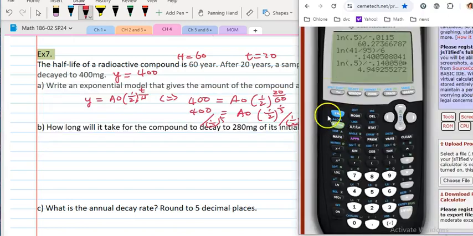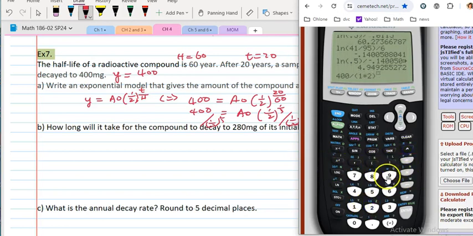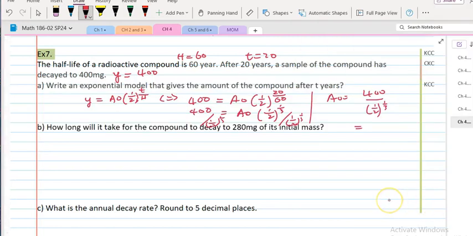So put in the calculator, 400 divided by, open parenthesis, 1/2 to the power 1/3. It's a little clunky. 317. So that means the initial sample has what?